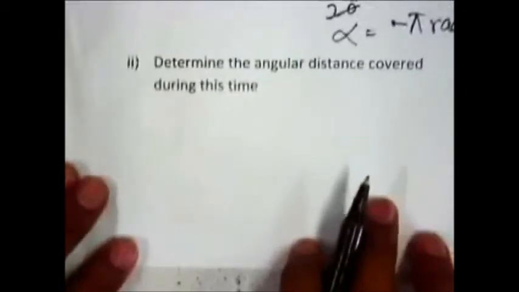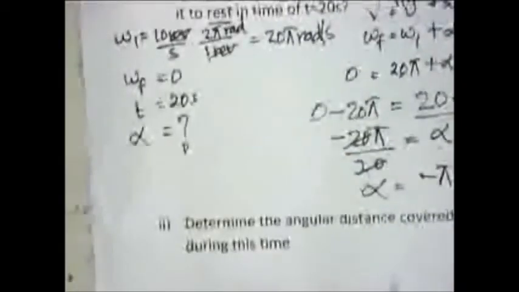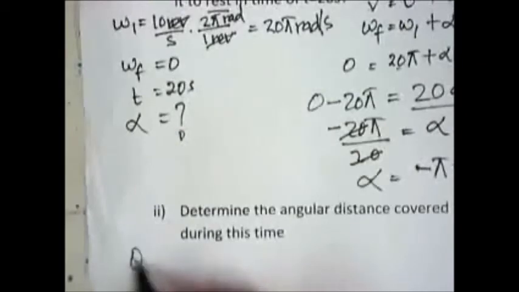Then it goes on to say determine the angular distance covered during this time. So you write what are the things that you know. You want to find your angular displacement.